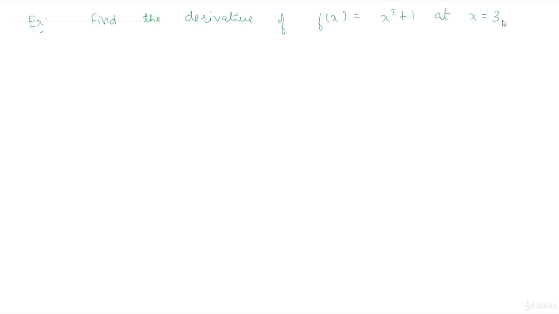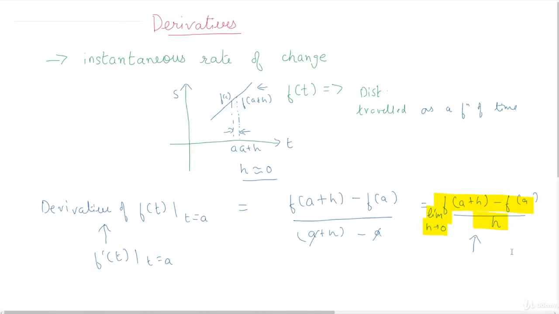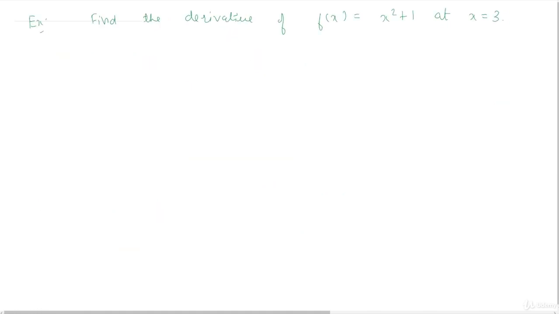So remember, when we calculate a derivative, we calculate it at a point. This point is x equal to 3 here, right? Now, as we discussed a few moments ago, the basic definition of how to compute the derivative, let's abide by that definition and compute the derivative of this function at this particular point.